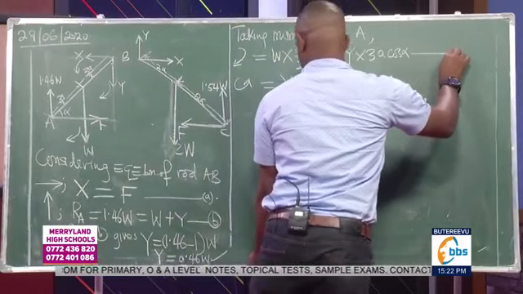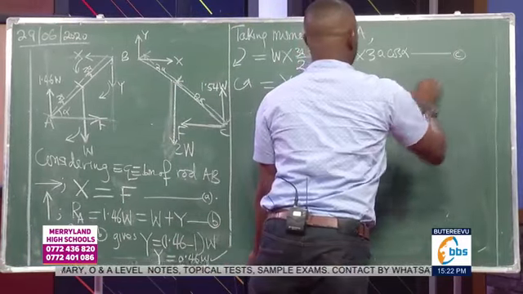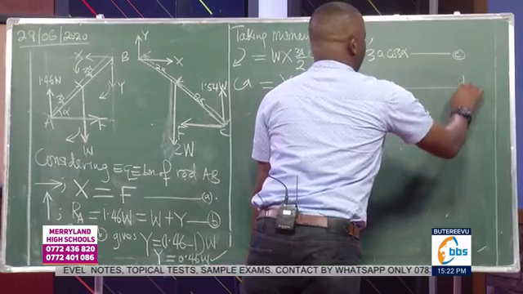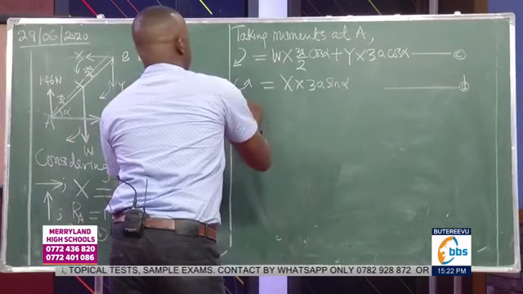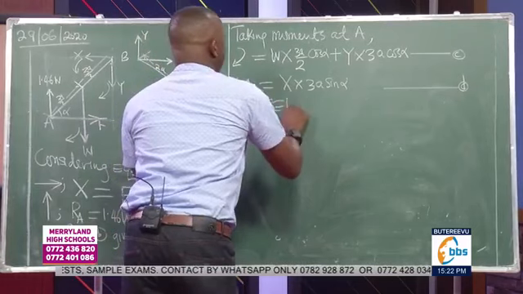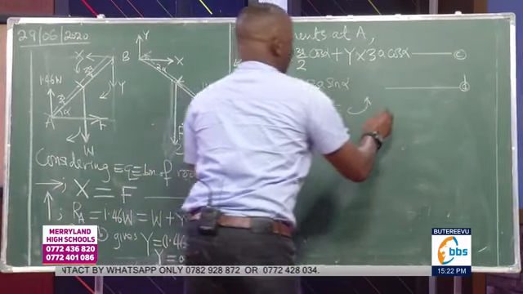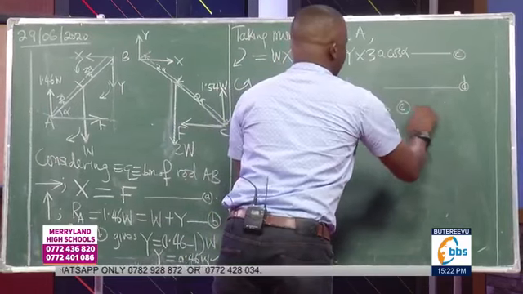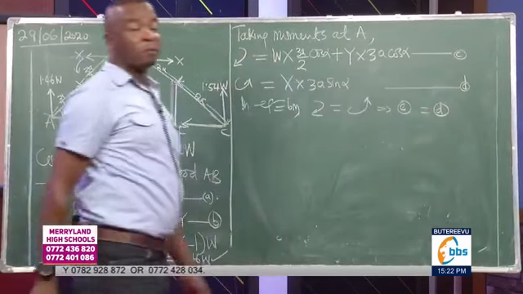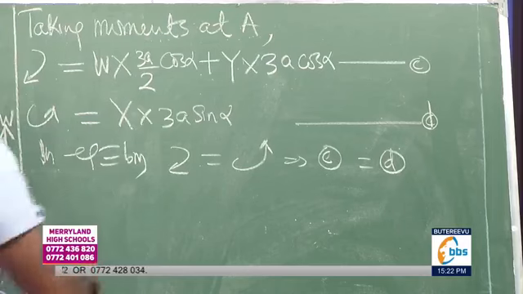If I call this equation C and this one D, we can say that in equilibrium, our clockwise should be equal to anti-clockwise. In other words, C should be equal to D. And therefore, we can go ahead and work through.